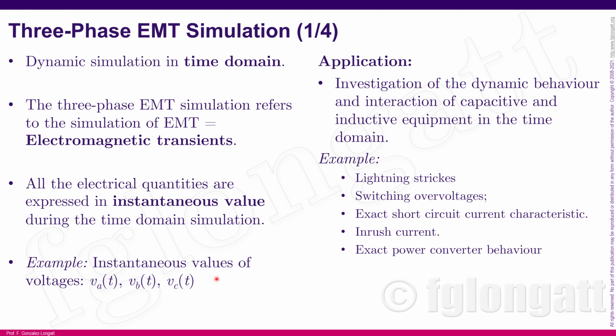What I'm telling you is, for instance, if you are plotting voltages, you will get a plot of the real instantaneous voltage. If you are using an AC system, Va will be a sine wave representing the voltage on line A, okay? This kind of simulation is quite useful, especially if we are working with overvoltages or fast transients, okay? The typical application is where we need to take into account the interactions between capacitances and inductors.